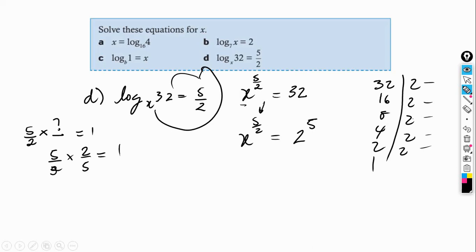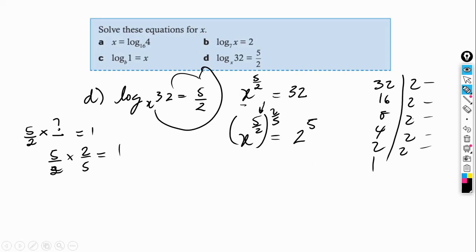How so? Well, 5 times 2 is 10, divided by 2 times 5, which is 10, you get 10 over 10, and that equals 1. And you can test this with any number times its reciprocal, and you're going to get 1. So we use the reciprocal as an exponent on top of this one. So we would write x to the power of 5/2 to the 2/5.